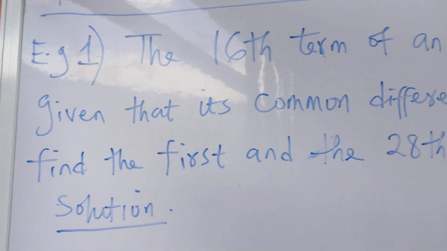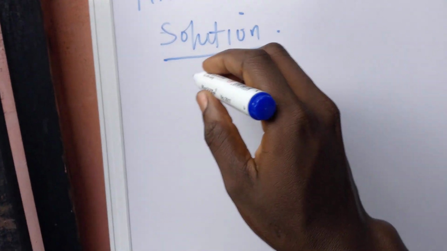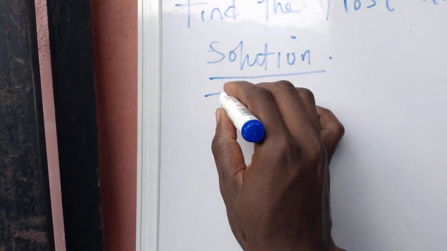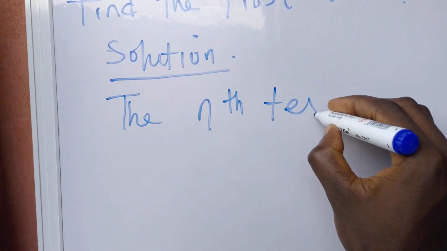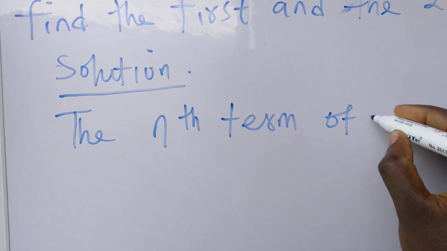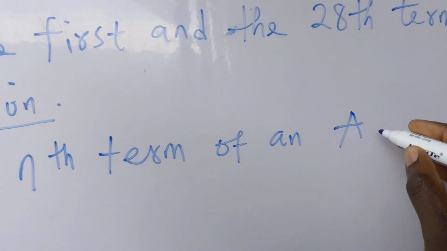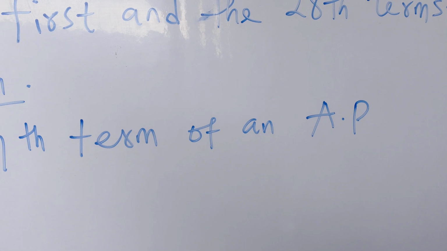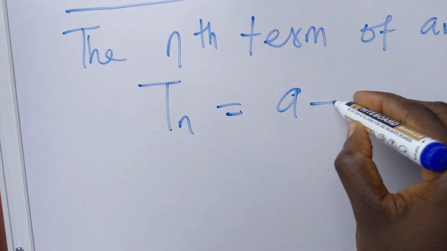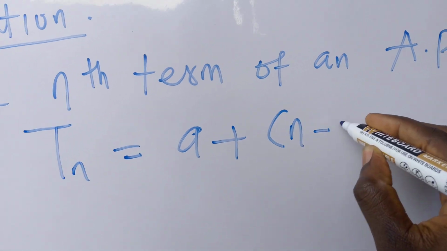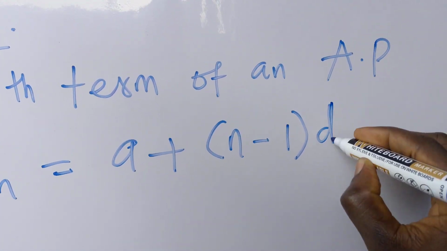So we are told that the 16th term of the AP. First, you look at the nth term of an AP. It is given by Tn equals a plus n minus 1 times d.